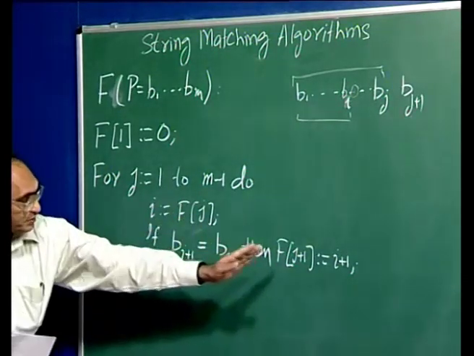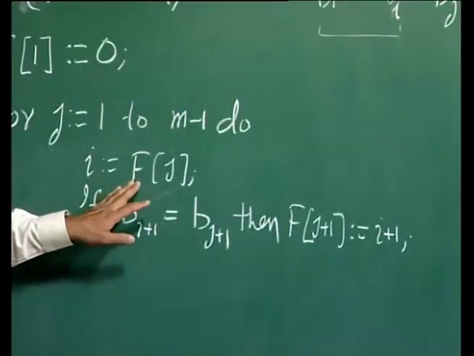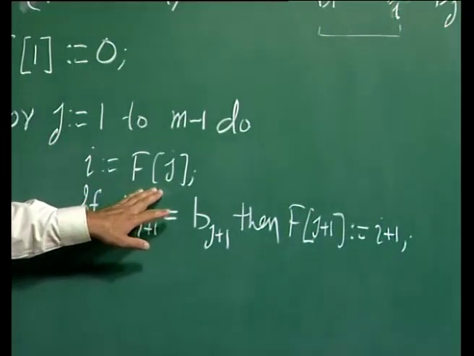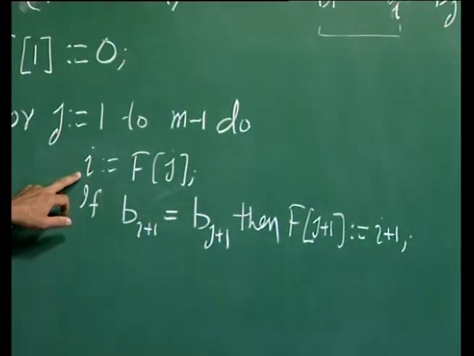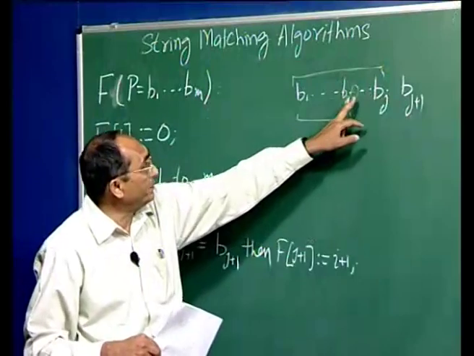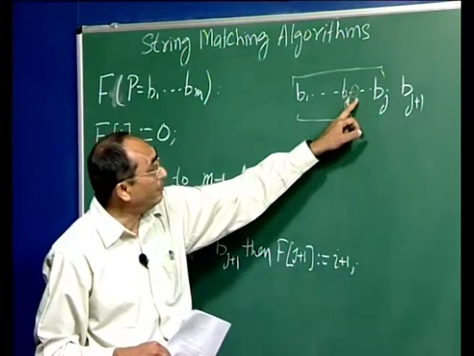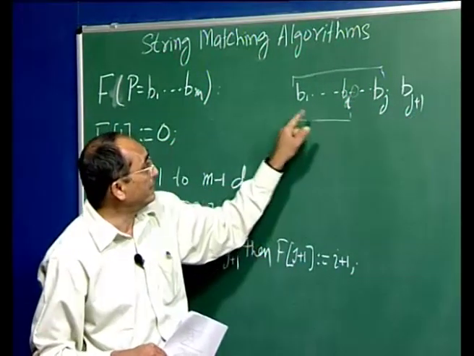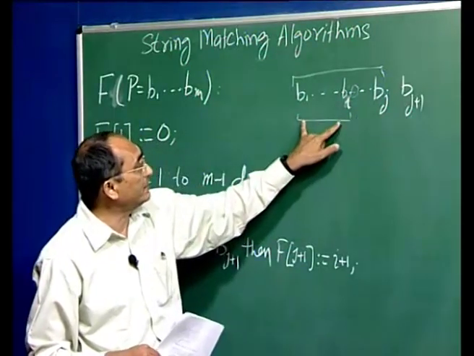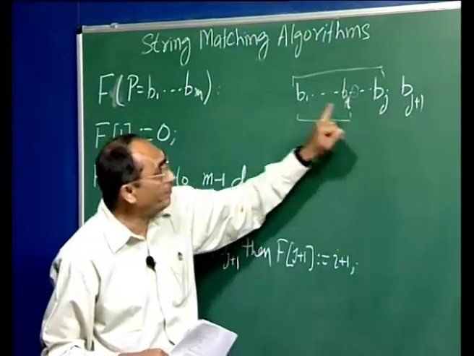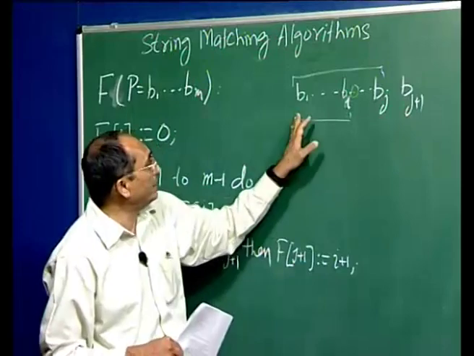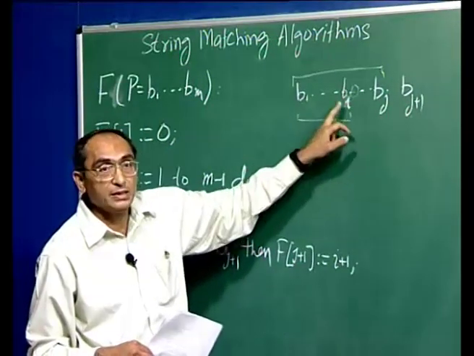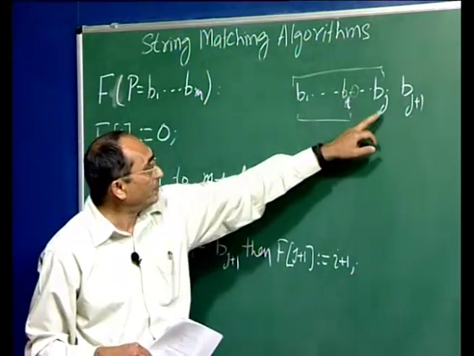The symbol next to this. The f is indicating the index. So, if you are lucky that the very next symbol matches with the next symbol here, then the longest string, which is initial and terminal for the bigger string b, is actually one more than the f of j.